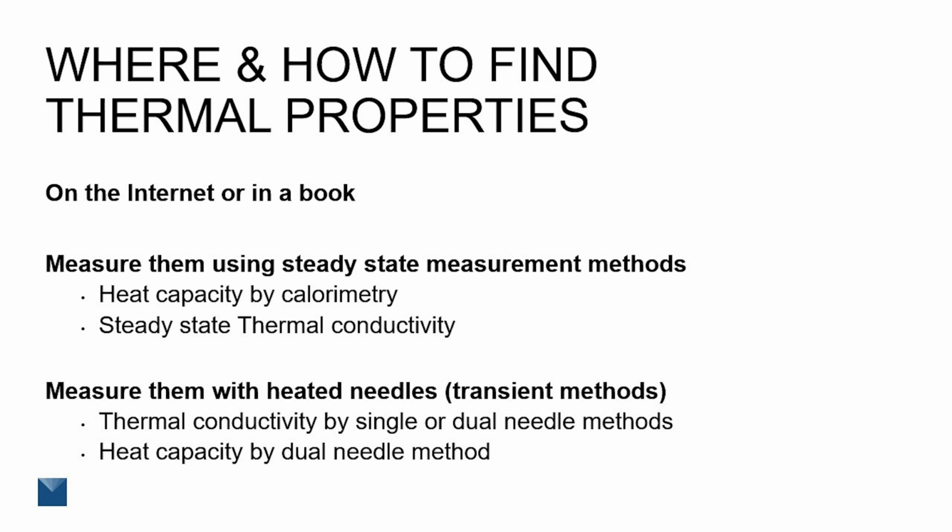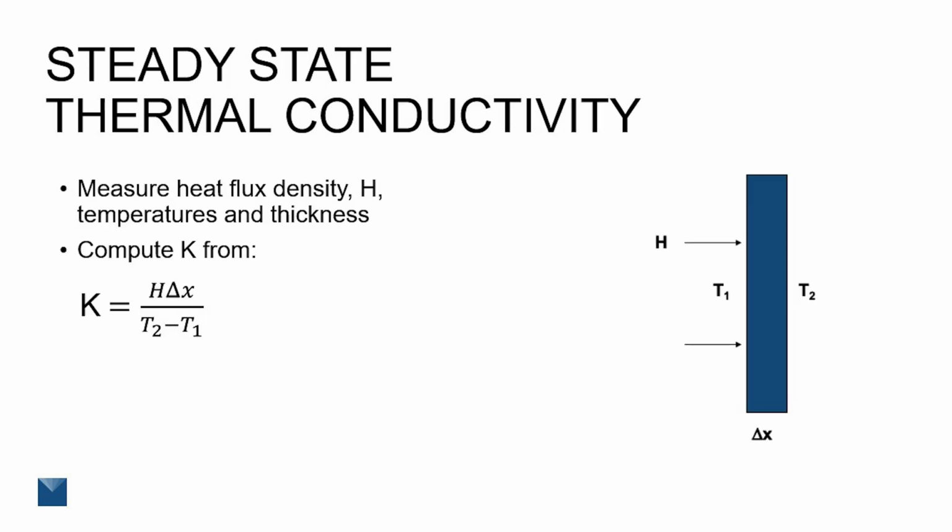We put a heat pulse in, we analyze the temperature response of the needle in the material. As we said, for measuring thermal conductivity by steady state, we establish a constant heat flow, we measure a temperature difference, and we calculate the thermal conductivity as the heat flux density times the thickness divided by the temperature difference.